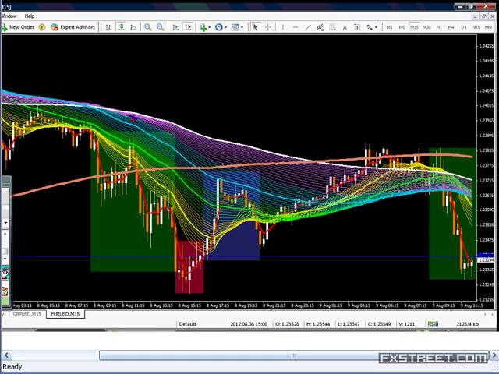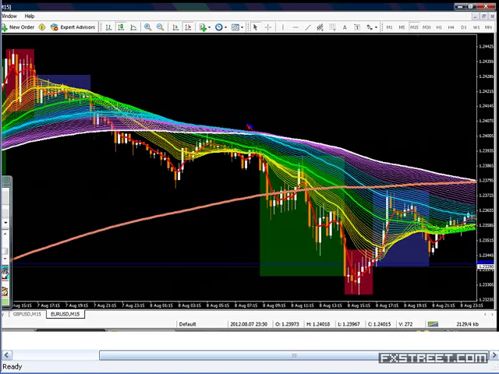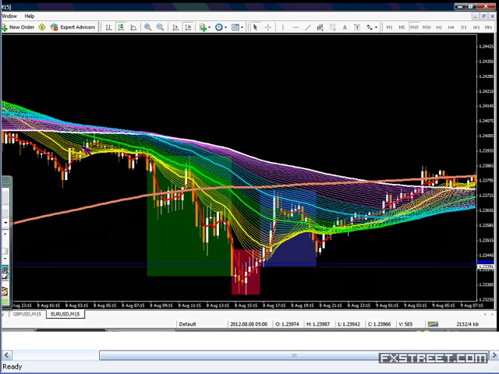Now, when you're trading something like the rainbow, there isn't much to tell you when to exit, because this is a trend following system. It will give you an entry, but the exit you will have to figure out for yourself. So timing becomes very important, because you obviously want to catch a top or a bottom. You want to be out of the market right when your profit is at its peak.